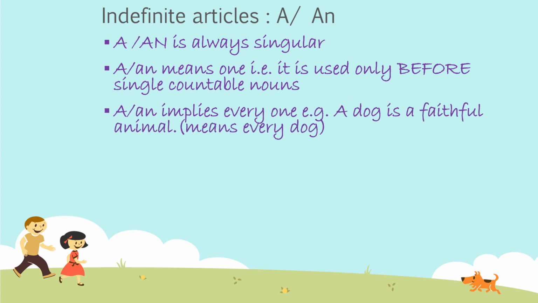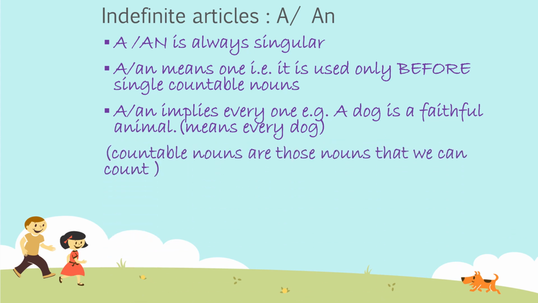It is also used when we are talking about everyone, that means in case of a common noun. For example, a dog is a faithful animal. A dog here means every dog. Countable nouns are those nouns that we can count.